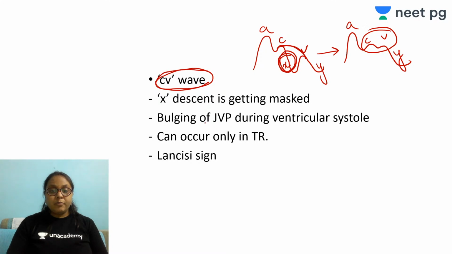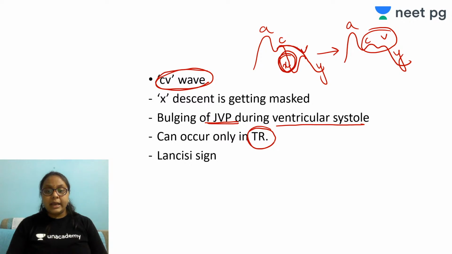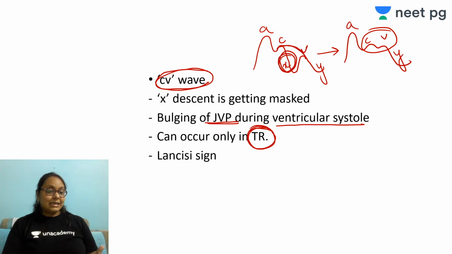This is because of bulging of the JVP during ventricular systole, and this is seen only during tricuspid regurgitation. Remember, the atria is not able to get relaxed. Okay, the X descent was because of the atrial relaxation.